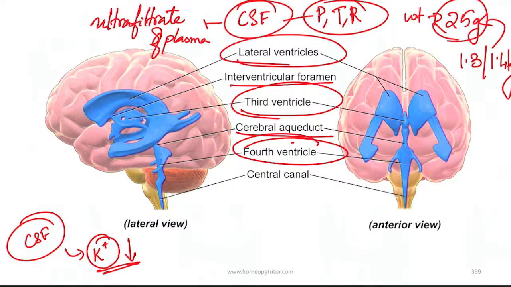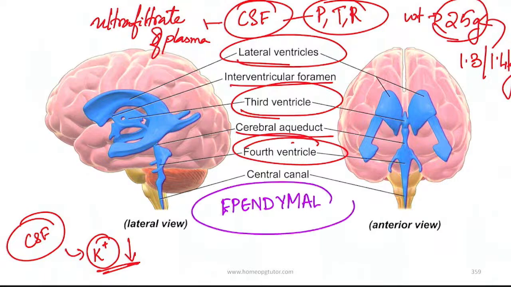Now coming to the main topic, the ventricles. Ventricles produce CSF, not the ventricles as such. There is something called ependymal cells. Ependymal cells are responsible for the production. There is something called the choroid plexus.